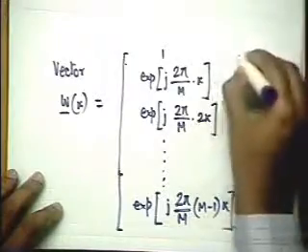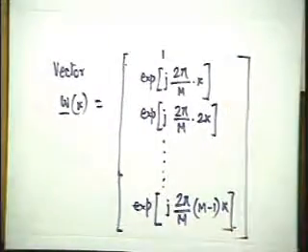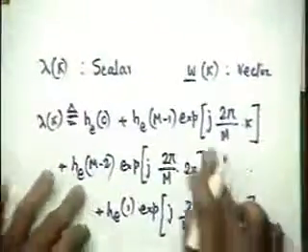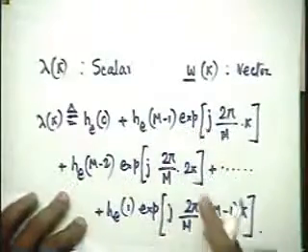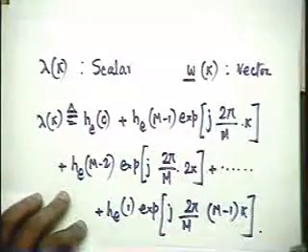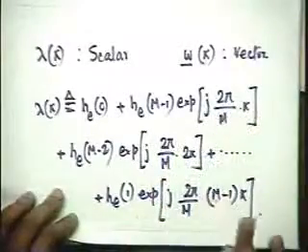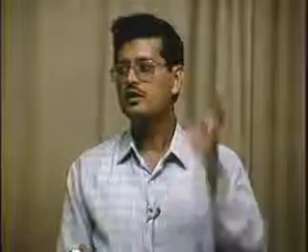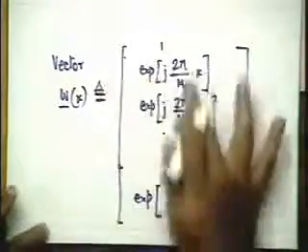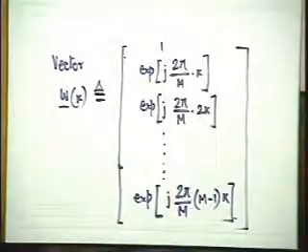So that means whatever complex exponential coefficients I had considered in this series, all those complex exponential coefficients, if I compose them into a vector, that is being defined as my wk vector. So the wk vector is defined this way.